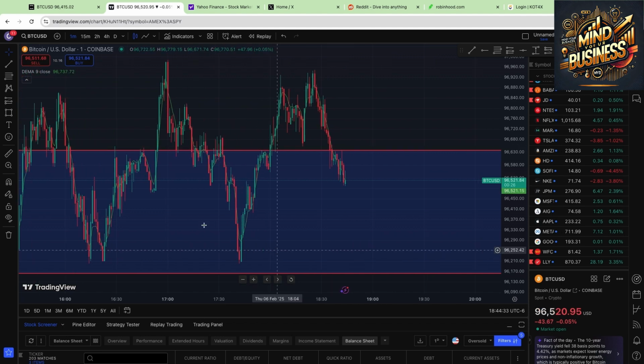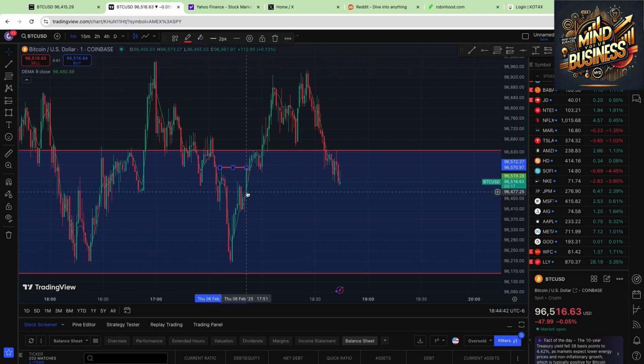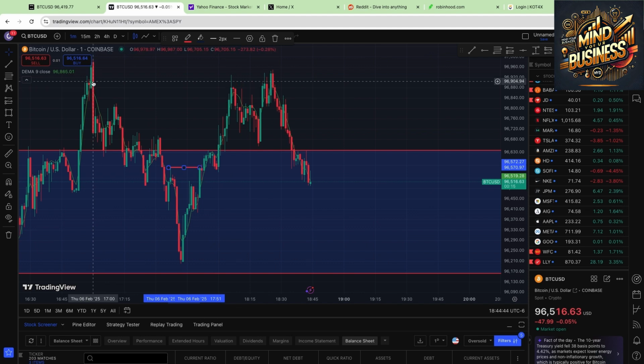And then the market shifted from right here. You can see this was the last previous high. Market came right there, mimicked that, and it went back up. So we know the bearish market is pretty much over now. So price came down, lower low, lower high, lower low. Market came back up, higher high, and then bam, just like that.